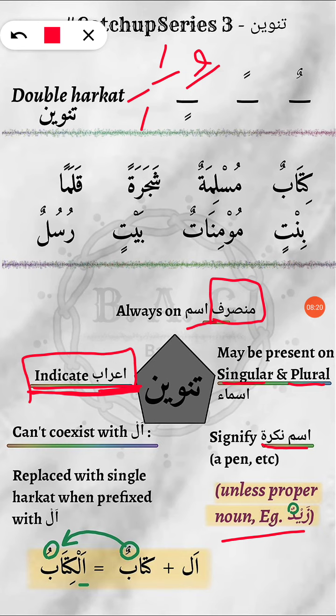Then it cannot ever coexist with al, and the example is this: al plus kitabun is equal to al kitabu, and you can of course practice with these 8 asma yourselves. And finally that they indicate Arab, and this is something that inshallah we're going to discuss in the next lesson.